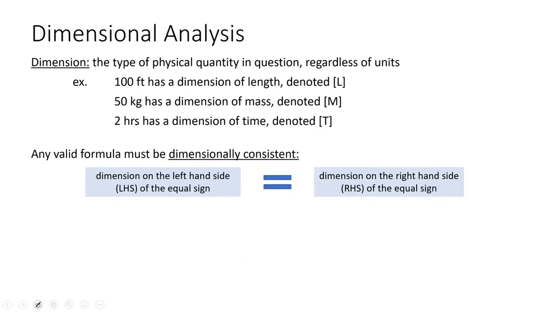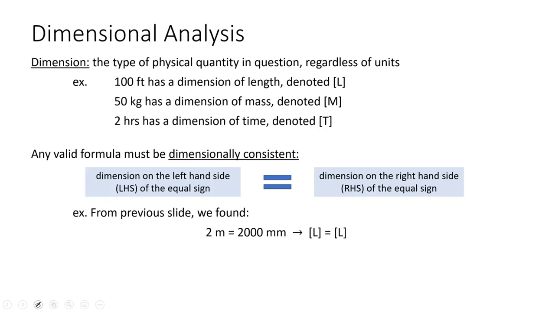Okay, and that tells us that the equation itself is dimensionally consistent. So whenever the dimensions on the left-hand side match the dimensions on the right-hand side, the equation itself is okay. So this is a good way to check your equations before you plug in numbers to make sure that you've done your algebra right. Do you have matching dimensions on both sides of your equation?